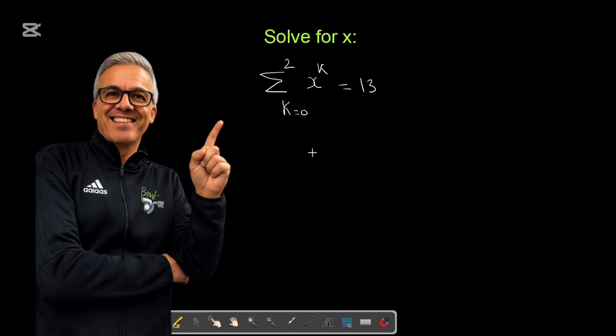And we will get x to the power of 0 plus x to the power of 1, and then the last thing we'll sub in 2, we'll get x to the power of 2. And all of that equals 13.